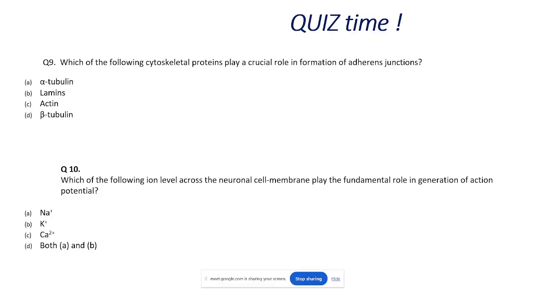And the last two questions. Yeah. So which of the following cytoskeletal proteins play a crucial role in the adherens junction? It's very easy.